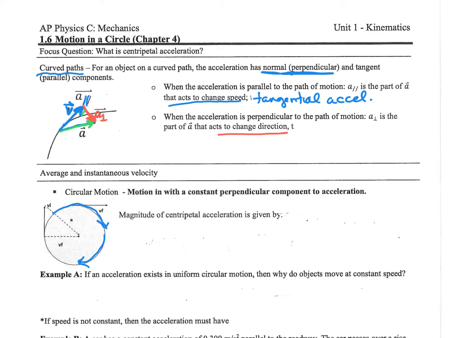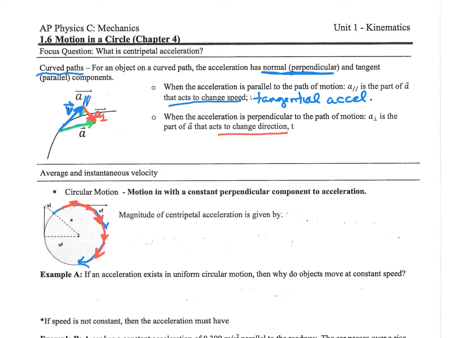Think about it. If it's going at a constant speed, you don't really have an acceleration changing it in that tangential direction. What you have is it's really changing direction most of the time. As it goes around in a circle, it's going this way, now it's going this way, now it's going this way, and so on.